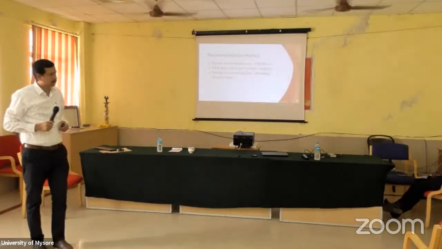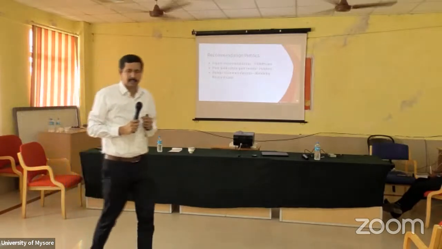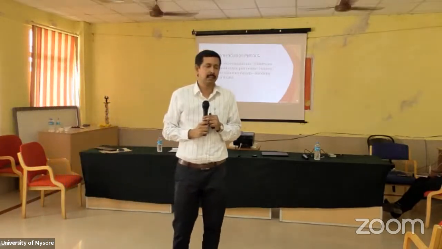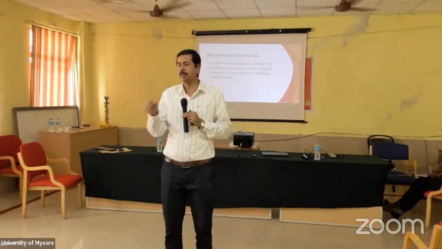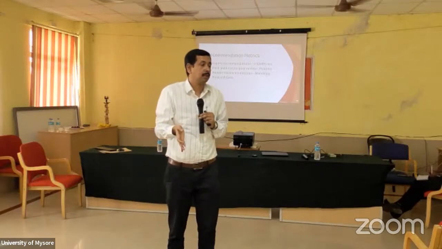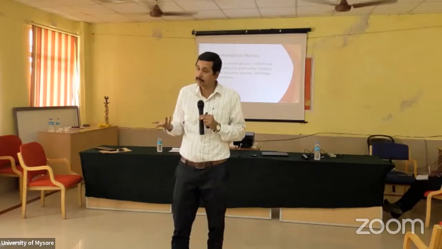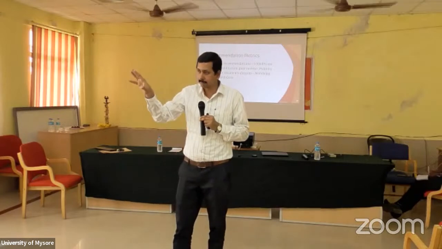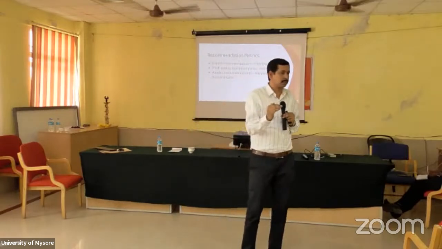The last is recommendation metrics. As an expert, as a scholar, as an author, I may read several articles. Of them, I may recommend some articles to others. So these recommendations also indicate impact. Therefore, Altmetrics also measures recommendations.